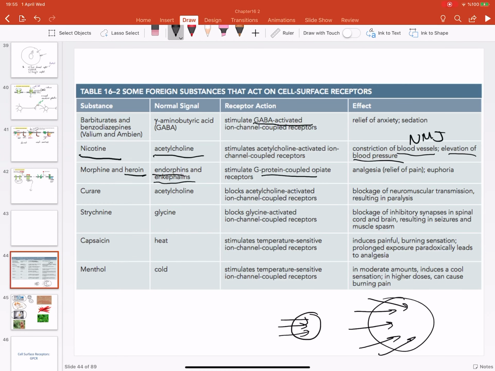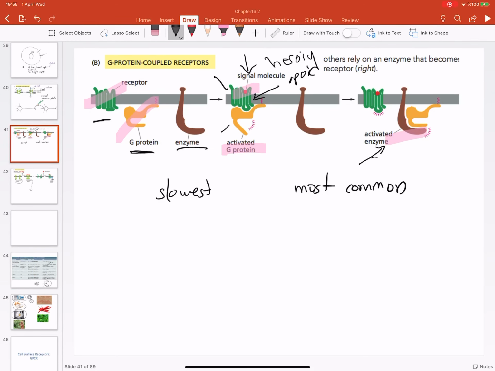And at the end, it gives analgesia, which is the relief of pain, in the case of morphine, and it gives euphoria in the case of heroin. Euphoria means being very happy, being extremely good. And we know that another thing that activates this same GPCR is feeling love from your mother.